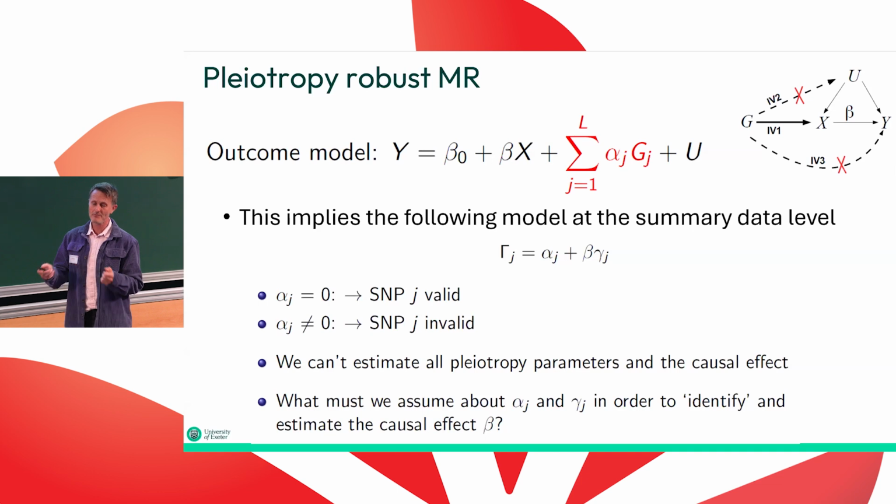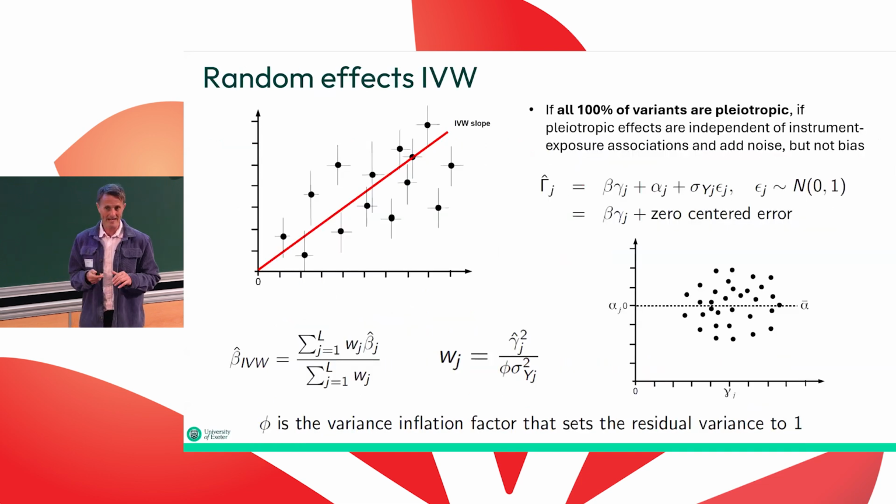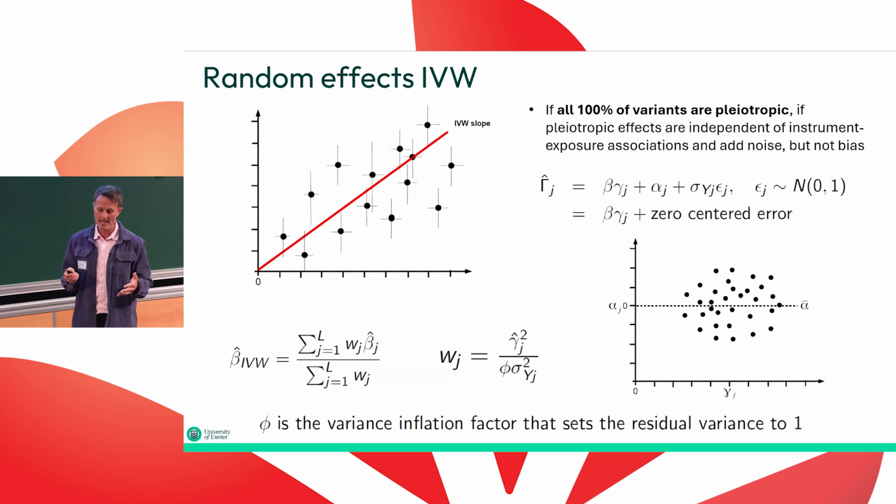We've got to assume something about the pleiotropic effects and the gene-exposure associations in order to identify the causal effect. Now, the easiest thing you can do is to assume that the pleiotropy is essentially random noise.